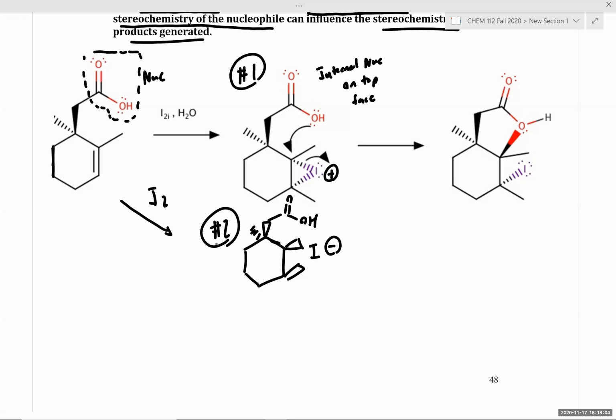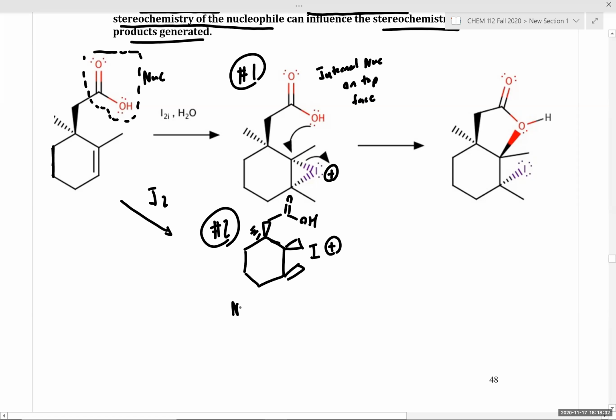Which of these intermediates is set up with the correct relative arrangement of our nucleophile and halonium intermediate for a productive reaction? If our nucleophile attacks from the opposite face, only number 1 can engage in productive, efficient reaction.